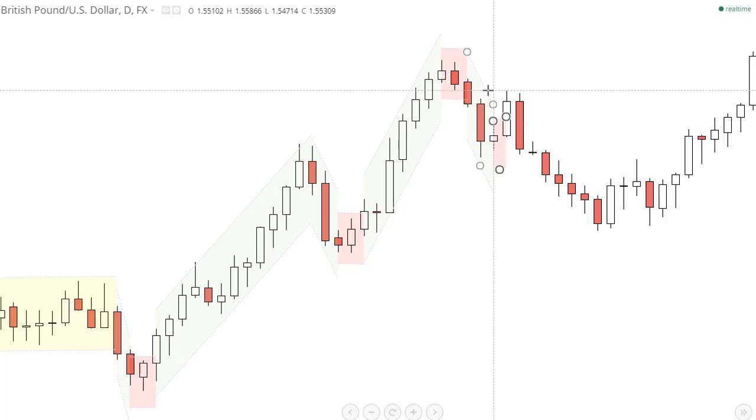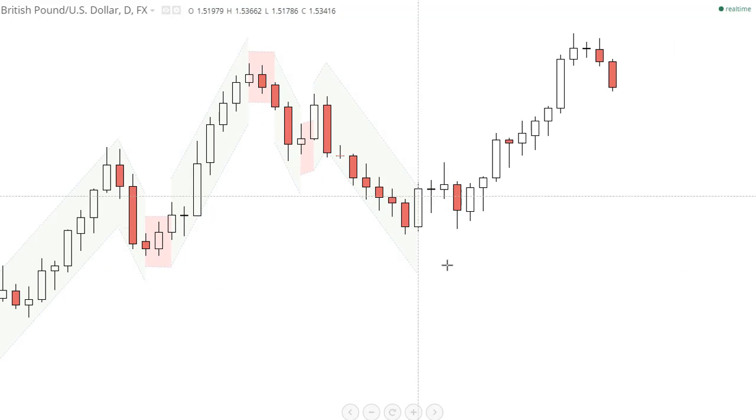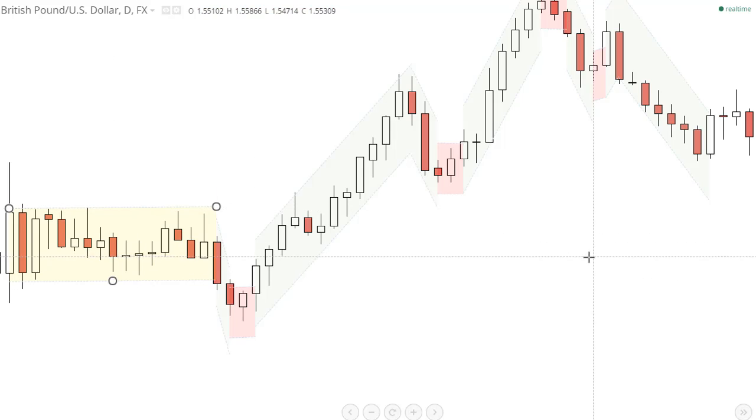Very short-lived bullish trend. It's just a single candle. You wouldn't really even call it a trend. It would be a trend on a smaller time frame if we were to drop down to the 4-hour, for example. And then it immediately switches to an actual proper bearish trend down to here. And then what do we get here? Here we get some ranging. So let's grab one of these.